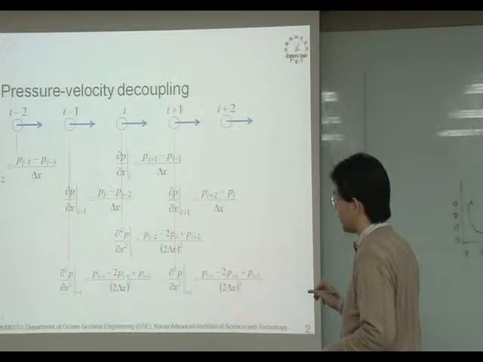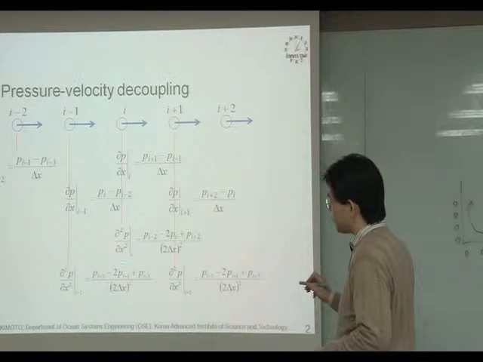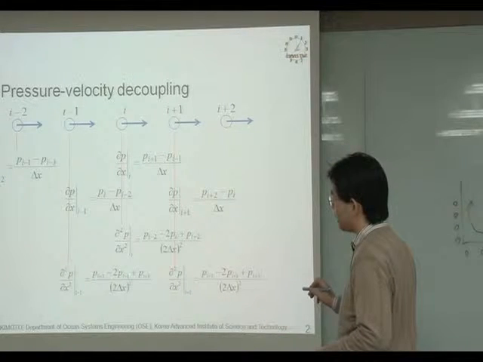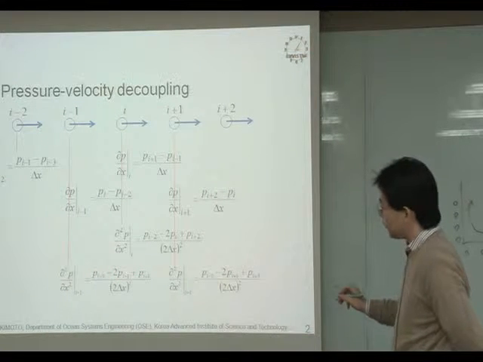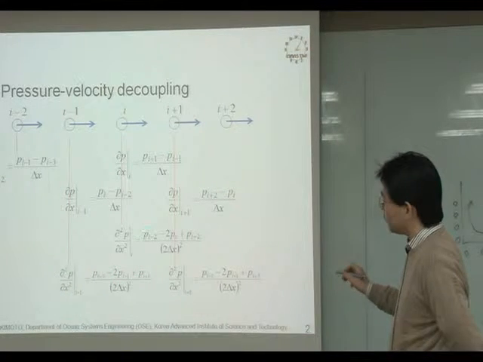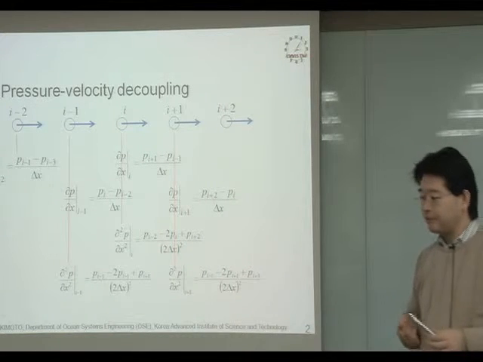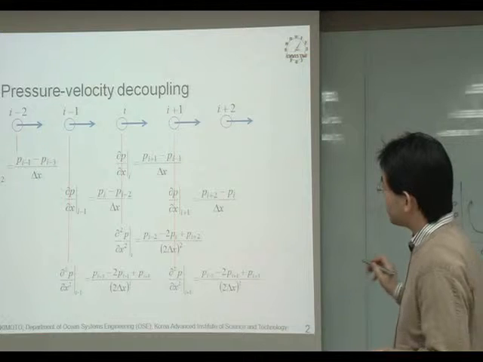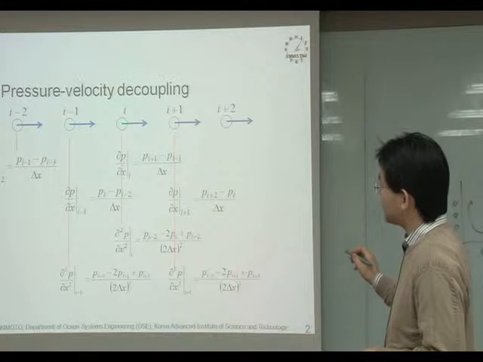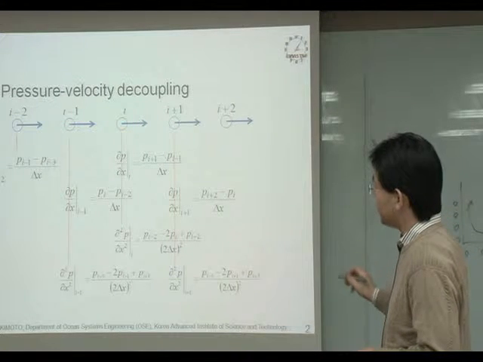This one uses i minus 3, i minus 1, and i plus 1. Please compare this one and this one. There are these two points, the closest two points.